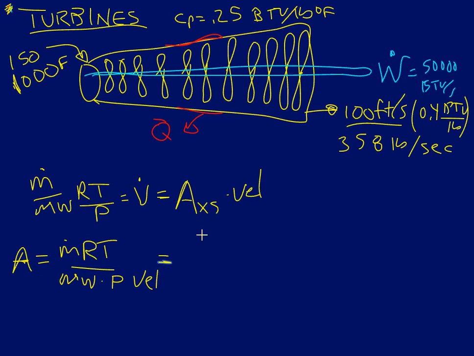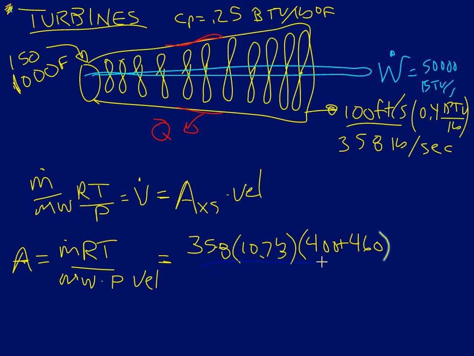And that comes out to, plugging our numbers in, 358. R is going to be 10.73, you recall, in English units, that's psi feet cubed per pound mole degree Rankine. T, you've got to be careful with. T I gave you in Fahrenheit. And recall that was 400 degrees Fahrenheit, so we have to put 400 plus 460 to get it in degrees Rankine.